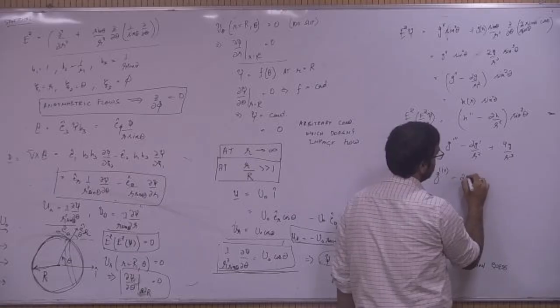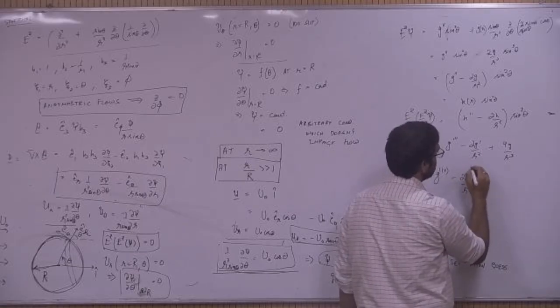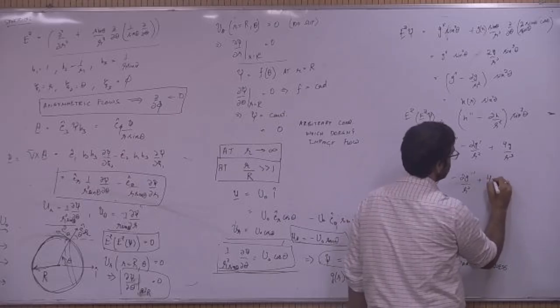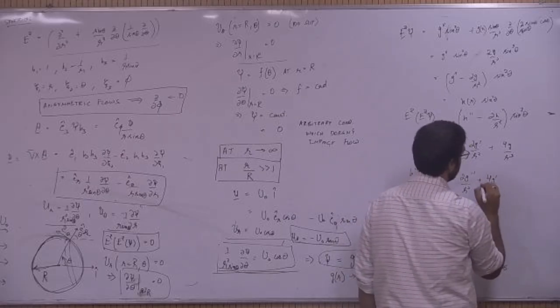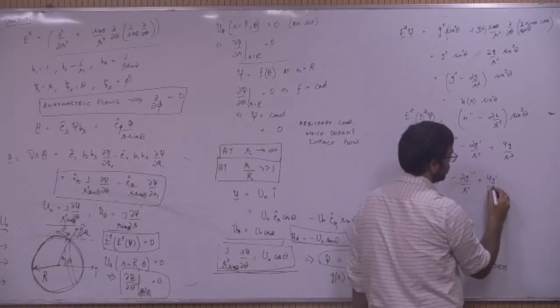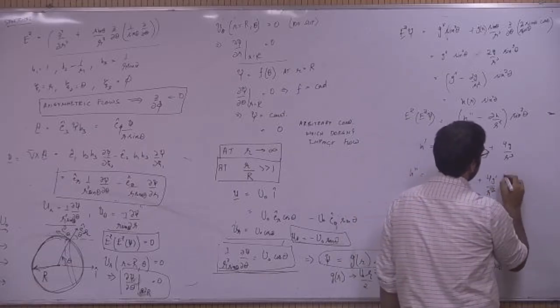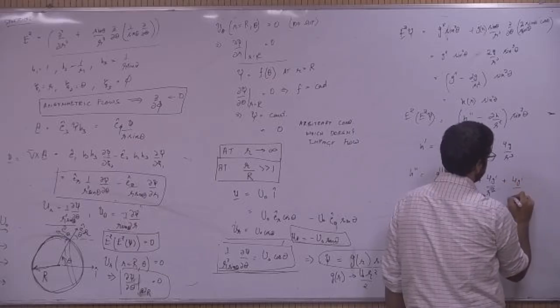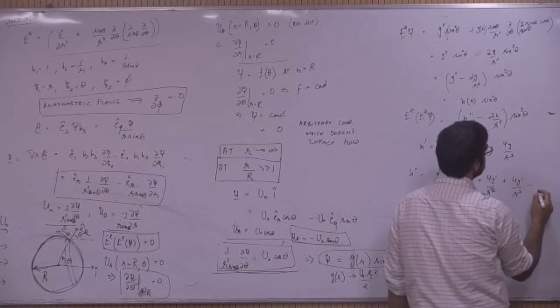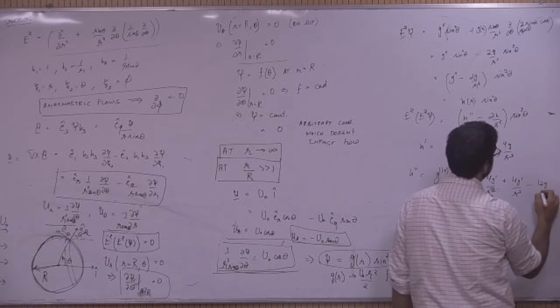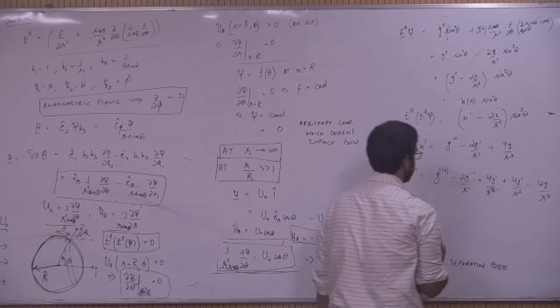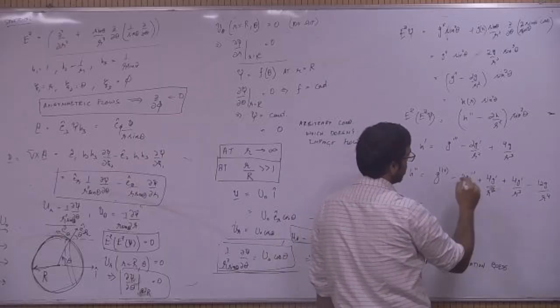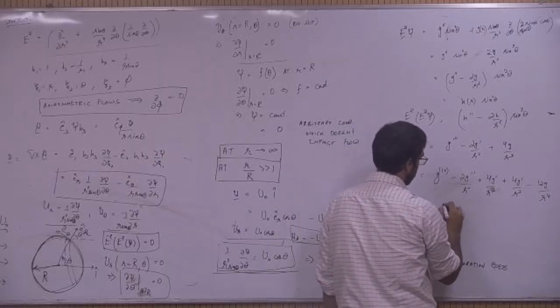minus 2g double prime over r square plus 4g prime over r cube plus 4g prime over r cube minus 12g over r to the power 4. So this whole I can multiply with r to the power 4.